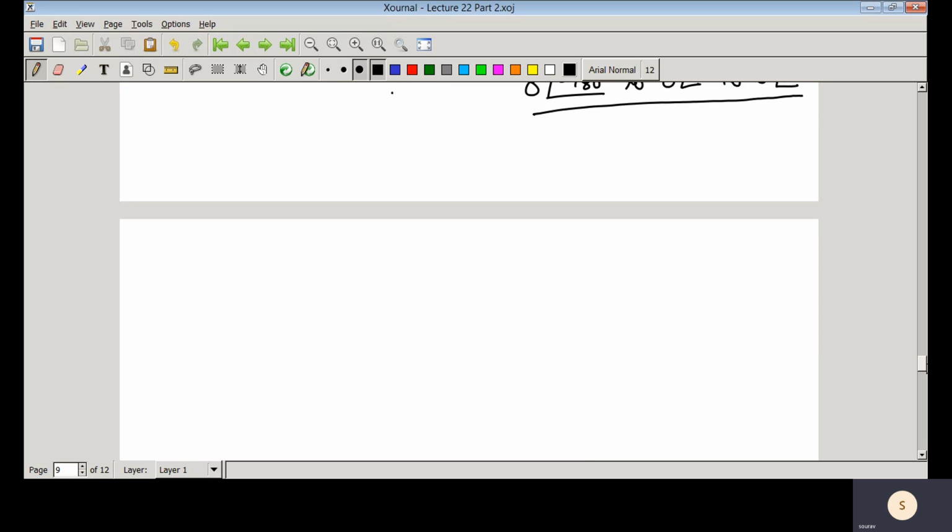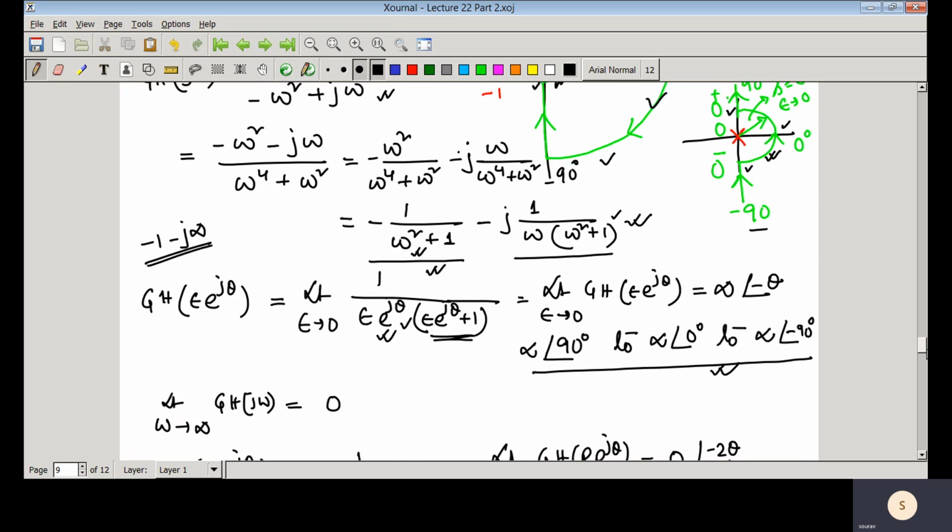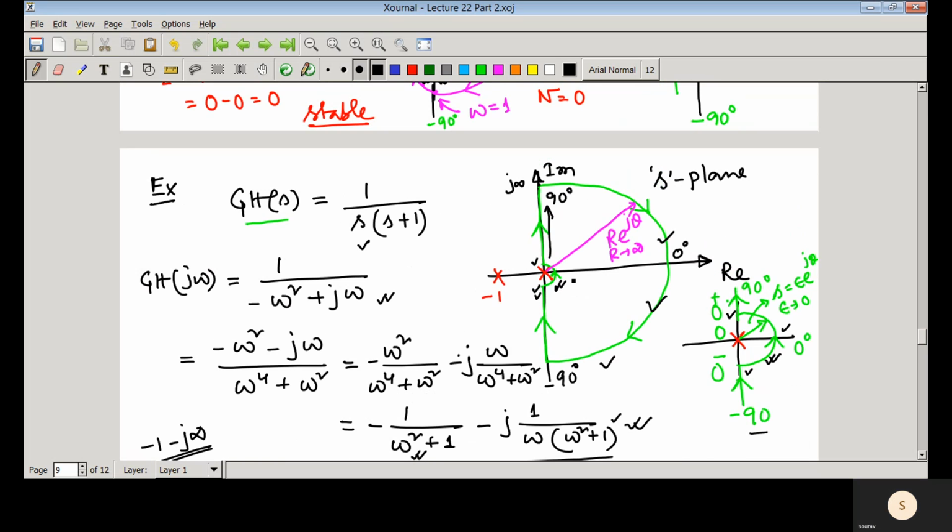So what would be that plot? We can see here that this is the g of s h of s plane. Then we can see this part. So we have started from here, that is 0 minus to 0 to 0 plus.